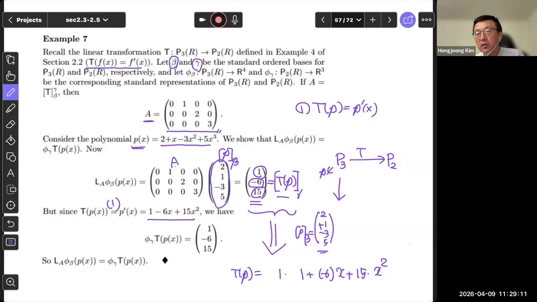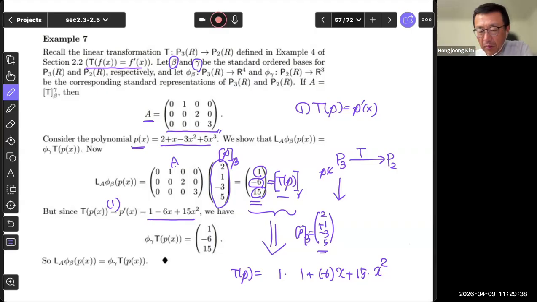Then you can just consider the linear combination of the vectors in gamma using those entries. So that's how we can use this standard representation or matrix representation of a linear transformation. So you need to practice how to derive a matrix once bases are given.